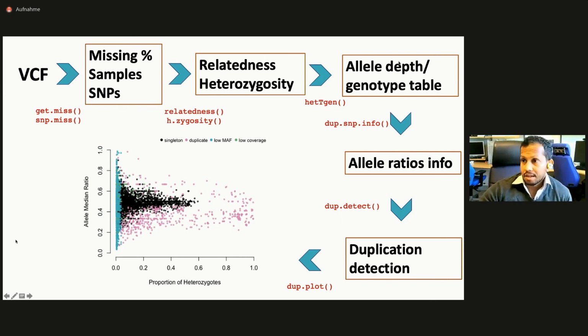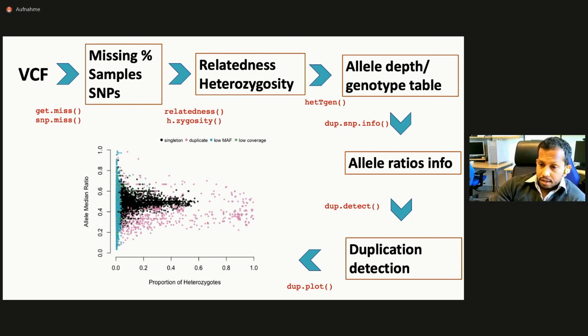If you have a filtered VCF, you can start here and already generate an allele depth table. From there, you can get the allele ratio information, and within three functions and at a much faster pace, you can detect the duplication and make a plot. The plot is not the only output. We can output a VCF file of SNPs of singletons and duplicates, and another table with the duplication status of all the SNPs.